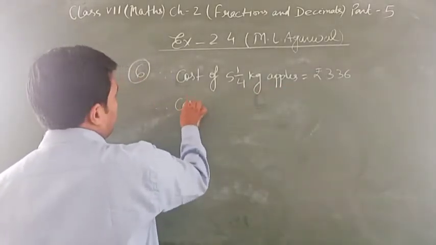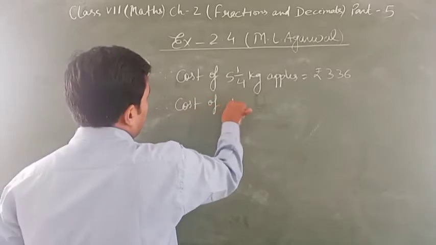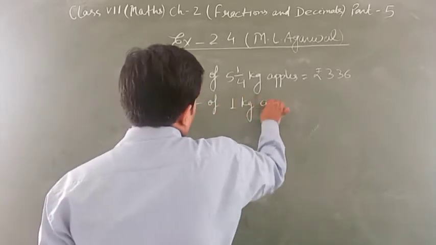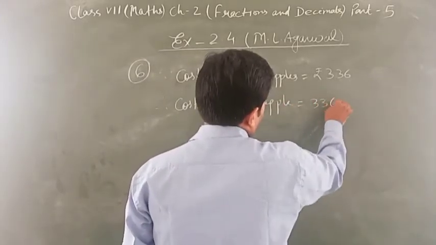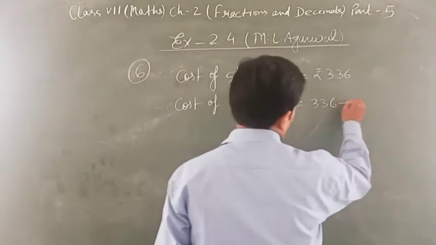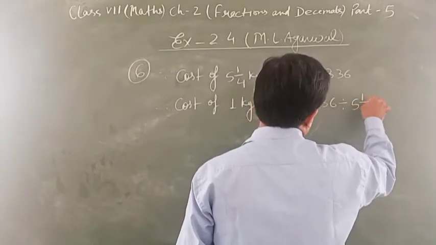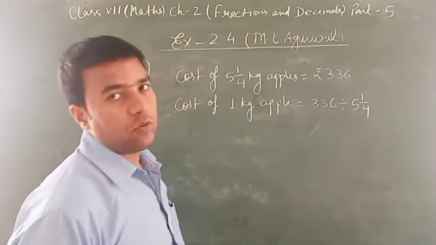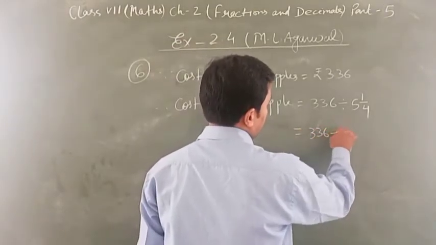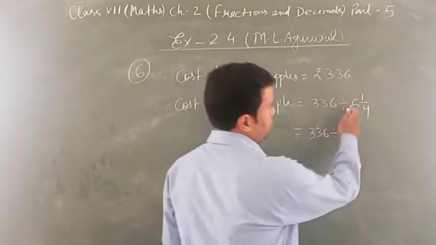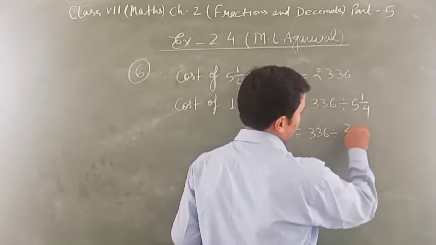Therefore, cost of 1 kilogram apple equal to 336 divided by 5 whole 1/4. Clear? Means 336 divided by 21/4, since 5 times 4 is 20 plus 1.